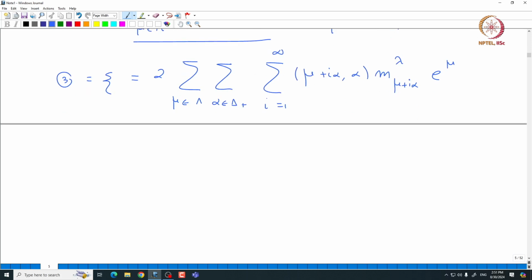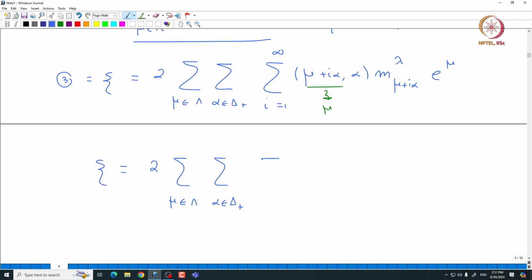So, this is what we get. Now what we do is we just change the variable mu plus i alpha to mu. Then xi can be rewritten as follows. Xi will be exactly twice the summation over mu in Lambda, alpha in delta plus. Note that this change, mu goes to mu minus i alpha, does not change this capital Lambda.